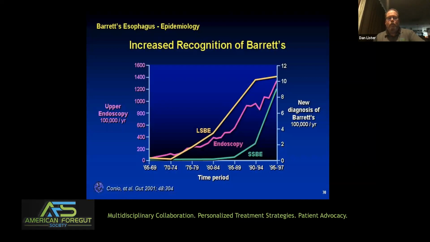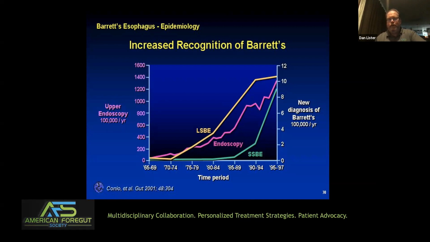So one of the things that we've seen with the increase in upper endoscopy is a concurrent rise in the detection of Barrett's, both long segment first and then short segment Barrett's. And this mirrors the increase in adenocarcinoma that we see.